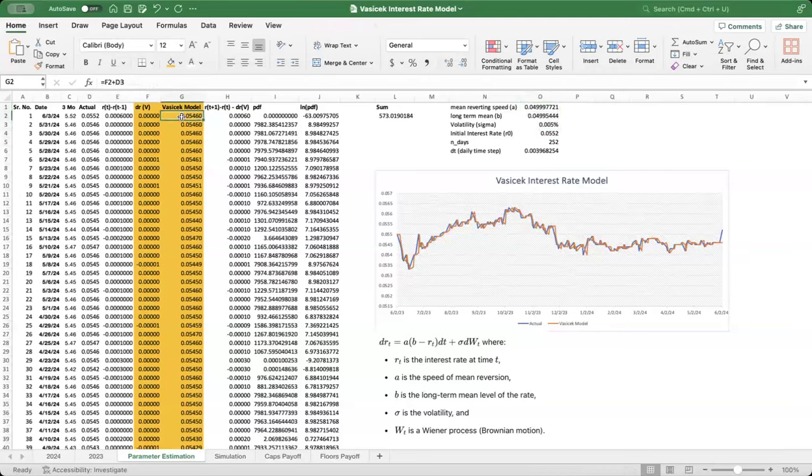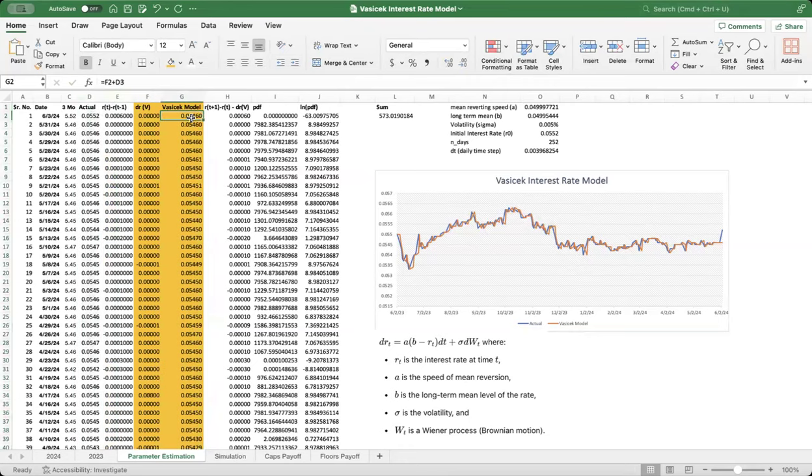To find the interest rate as of today, we get the modeled change in interest rate using the Vasicek model, and then add the previous day's interest rate. I calculated this just to compare what is being generated by the model and what is the actual data.